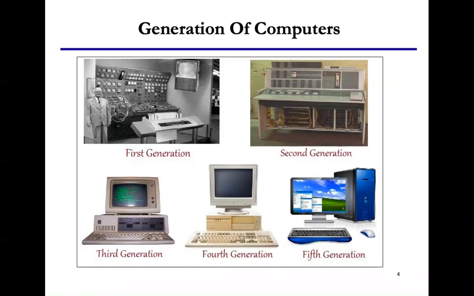During the evolution of these computers, the development period of electronic computing technology is called computer generation. There are five generations of computers identified, although the sixth generation could be in development now in the early 21st century.